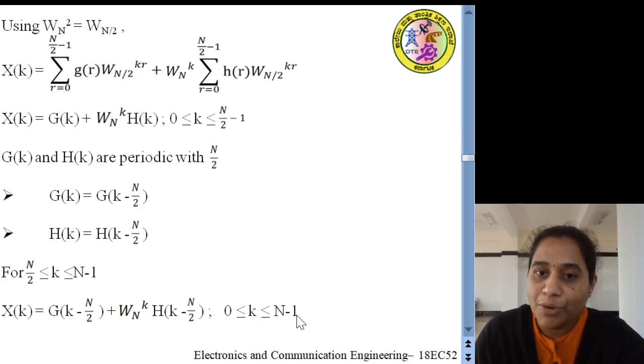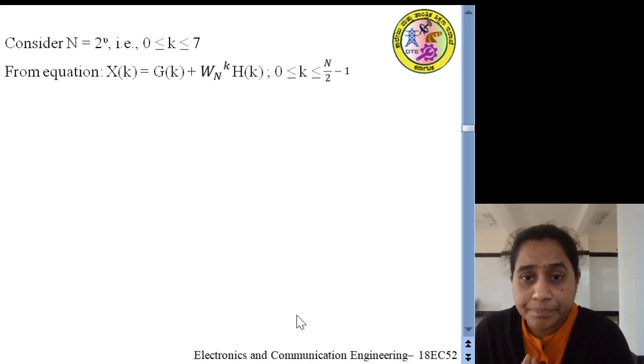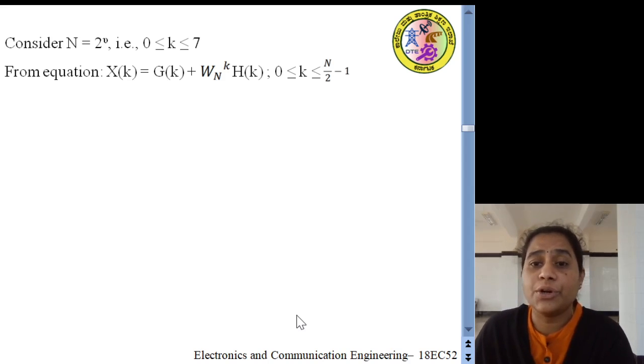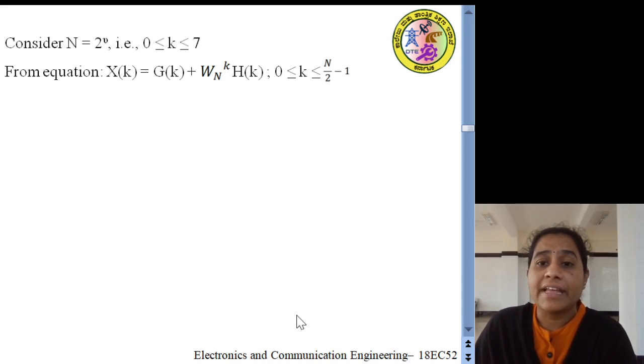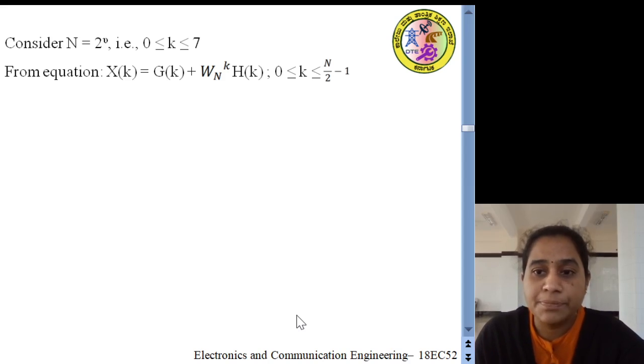Now let us consider the value of N equal to 2 power 3, that is 8, where k is varying from 0 to 7. From the equation we have written, X(k) is equal to G(k) plus W_N^k into H(k), for the value of k varying from 0 to N/2 minus 1.